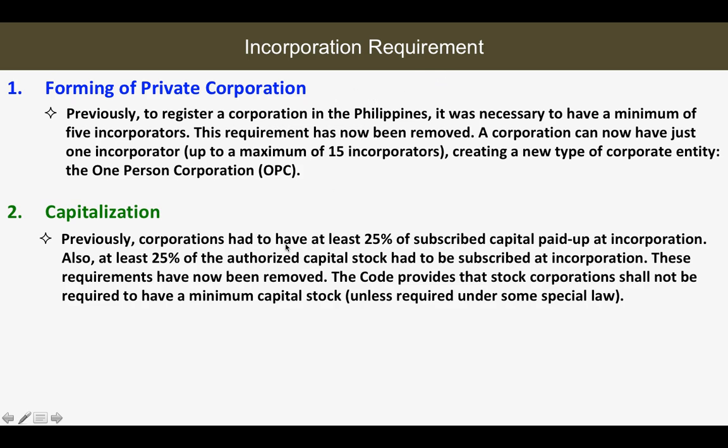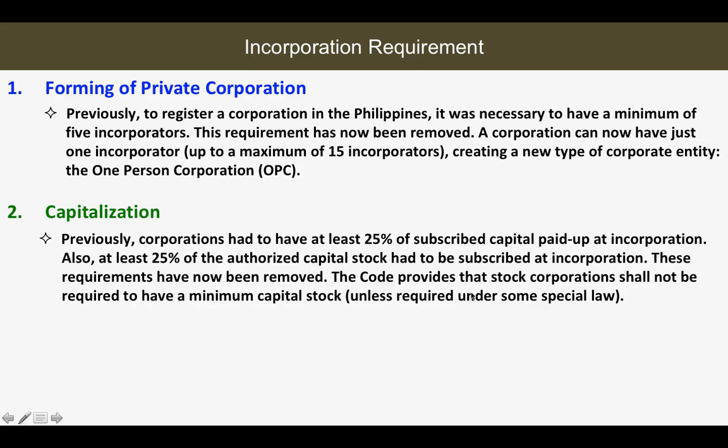Okay, meaning the 25% of your authorized should be subscribed, and out of that 25% should be paid up. Okay, but these provisions have been removed. Okay, so the 25-25 provision have now been removed.